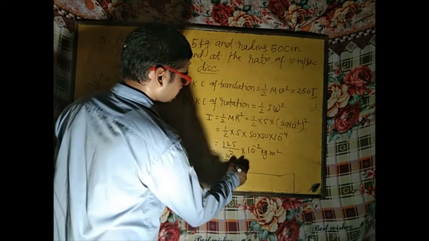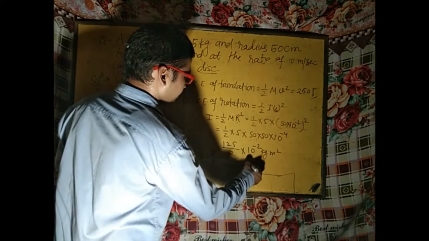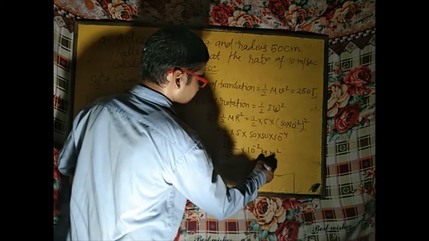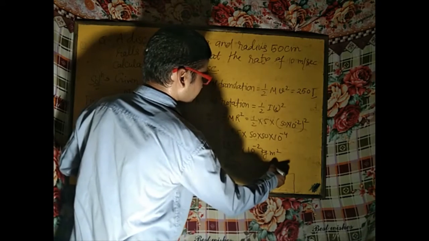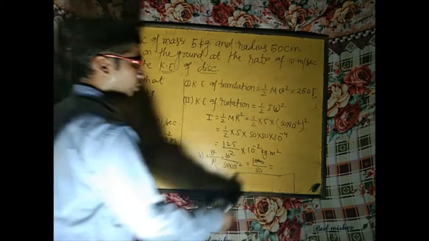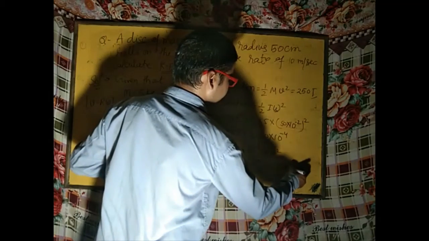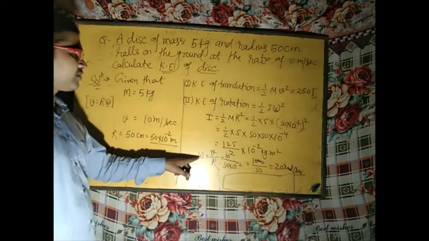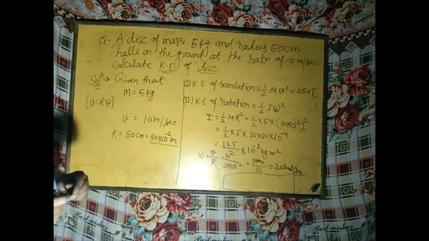So this is 50 into 10 to the power minus 2. So if you write this one is 1000 by 50, or this is equal to 20 radian per second. So this is the angular velocity of this rotating disc.